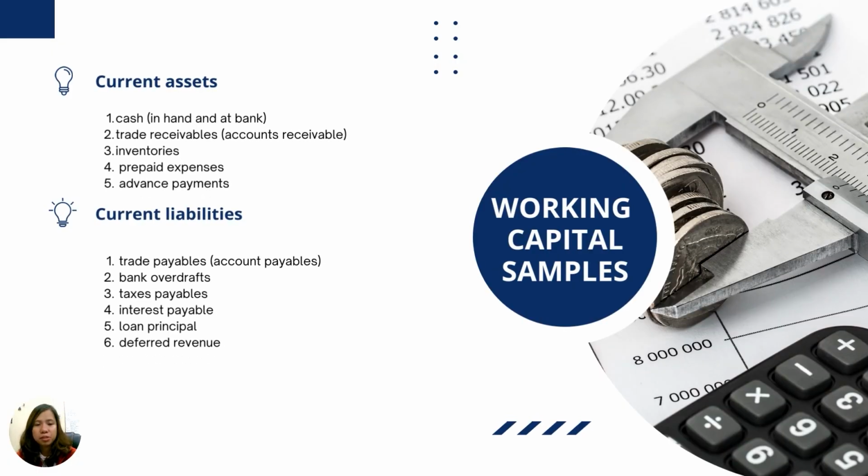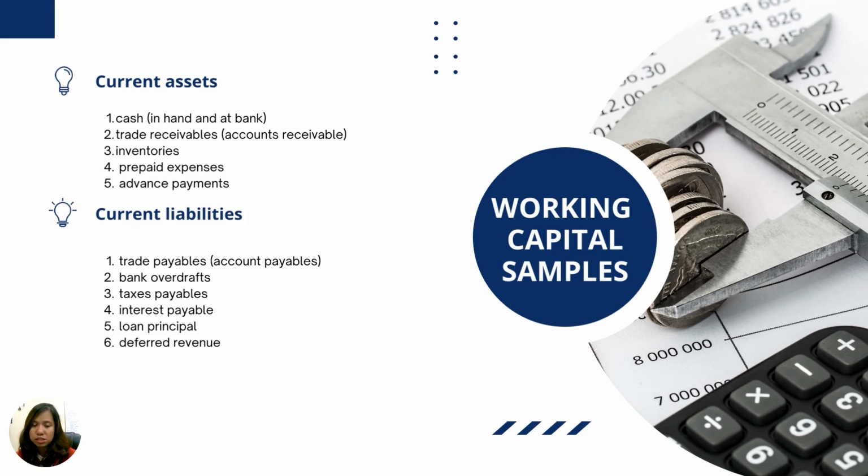Working capital components. There are actually two: the current assets and the current liabilities. For the current assets, those are cash in hand and at bank, trade receivables or accounts receivable, inventories, and prepaid expenses such as insurance premiums, advance payment on future purchases, etc. While the current liabilities are all liabilities that are due within a year of the balance sheet date.